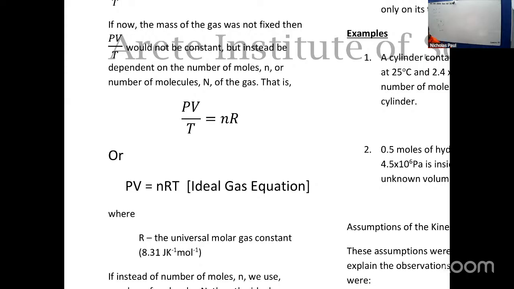This one is the ideal gas equation. And the value of R is 8.31.